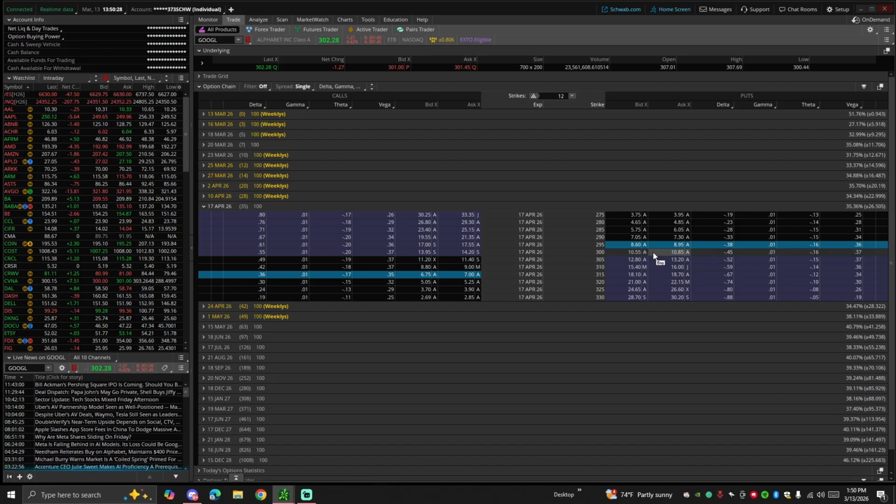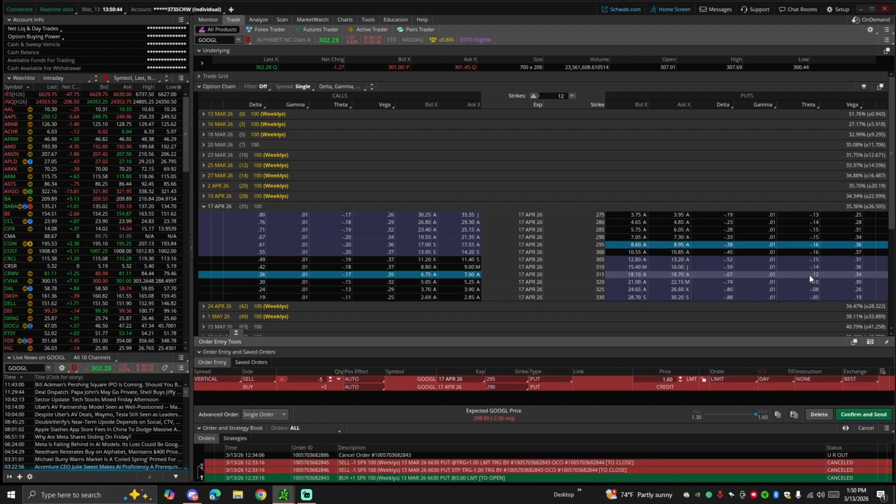Now I'm going to look at credit spreads, which is the opposite of a debit spread, where I think Google probably won't go below, for this example, 295.